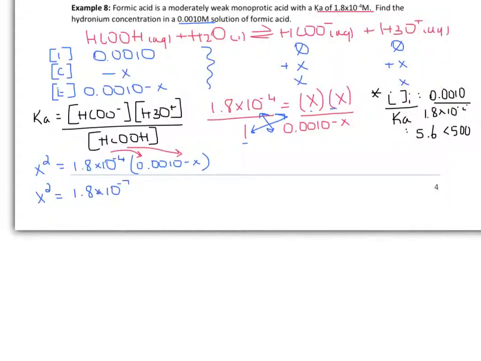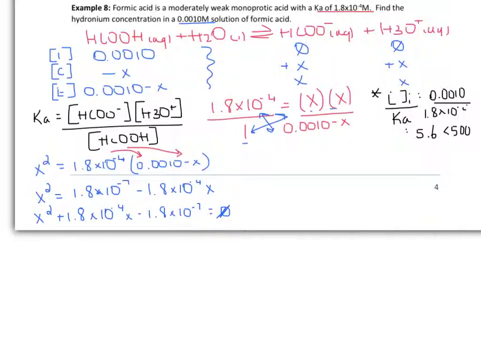And then 1.8 times 10 to the negative 4 times negative x is minus 1.8 times 10 to the negative 4x. Now we're getting very, very close to a quadratic formula. We just need to bring everything over to the one side and order it so that we will have a, b, then c. So we have x squared plus 1.8 times 10 to the negative 4x, subtract 1.8 times 10 to the negative 7 equals 0.